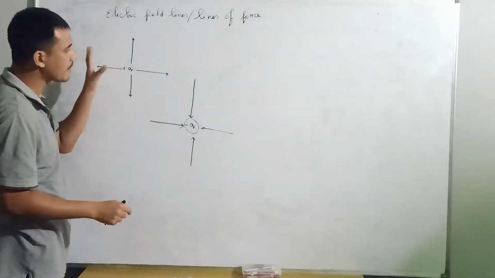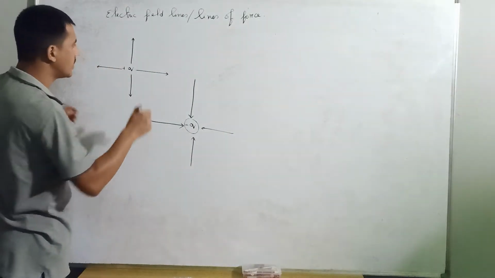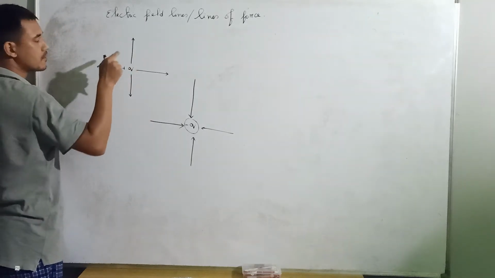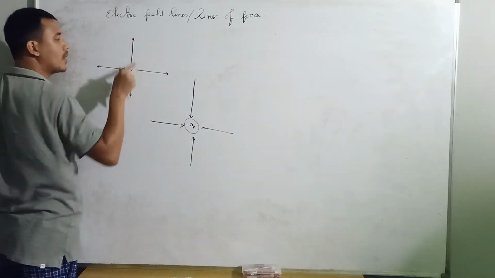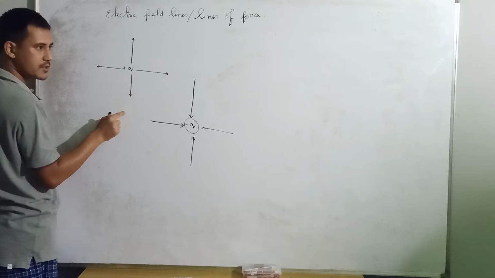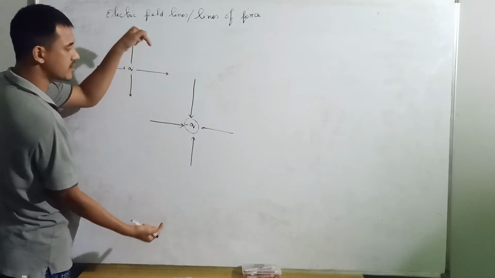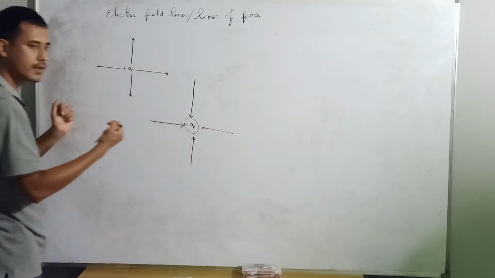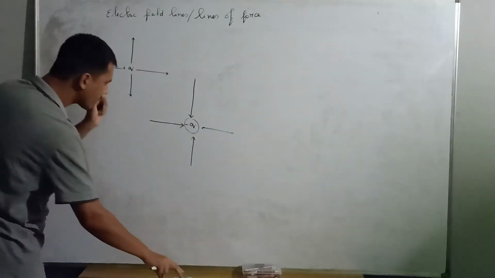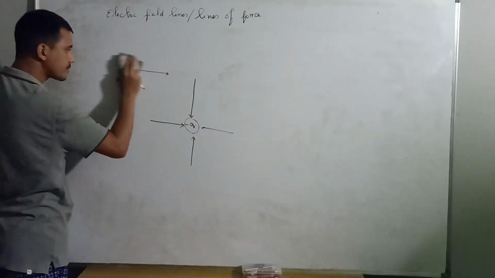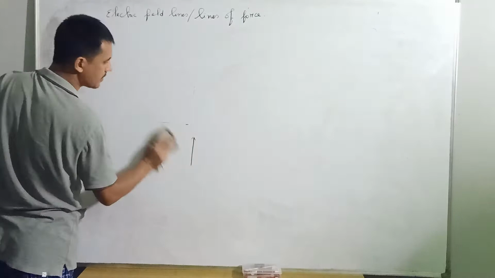This is the direction of the electric field: it acts outwards for a positive charge, and for a negative charge it acts radially inwards.